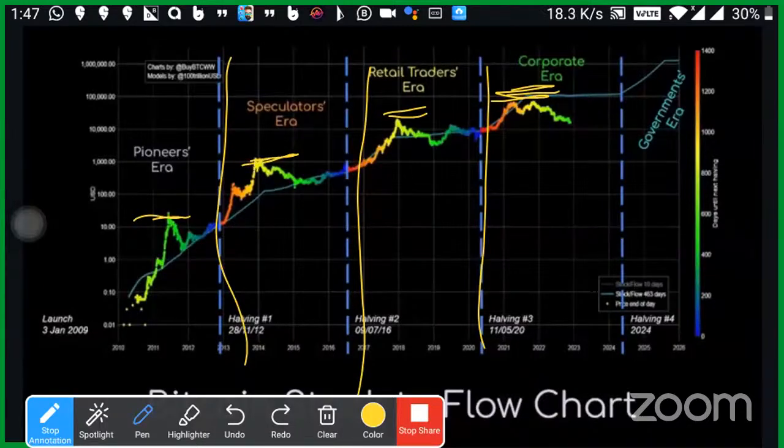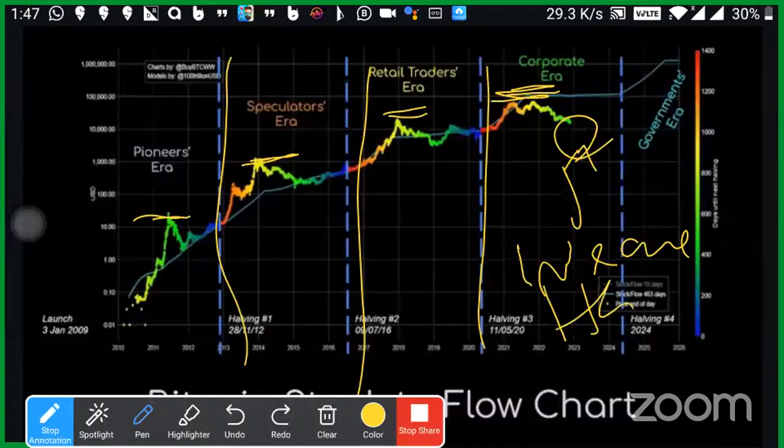The first thing we must note is that after every halving, Bitcoin is going to touch a new all-time high that will be much higher than all the previous all-time highs. So if we are into this time, here, we are here right now. Where are we? 2023.